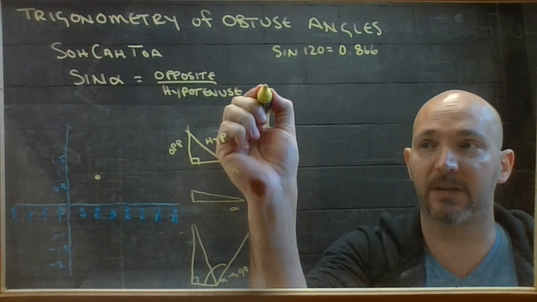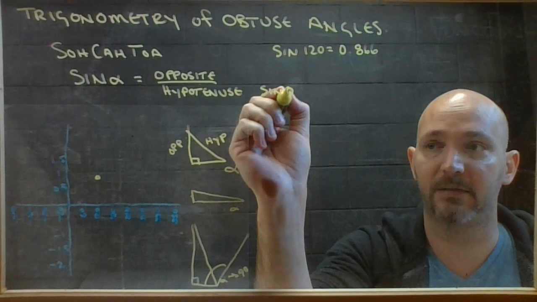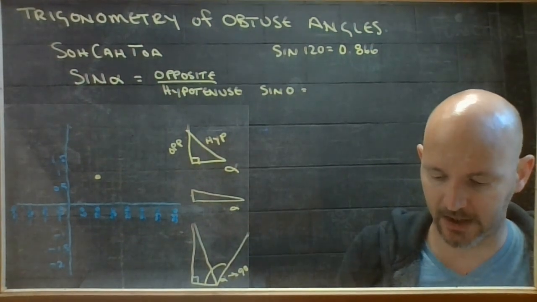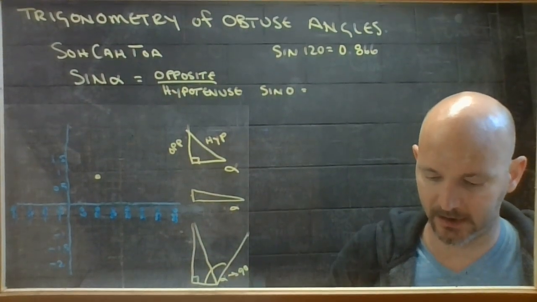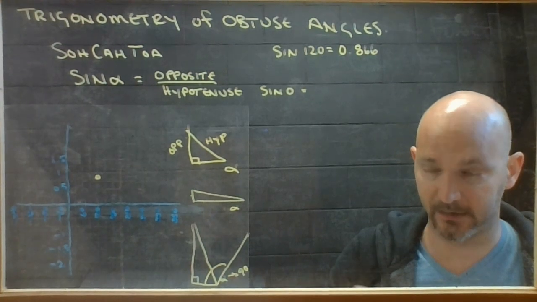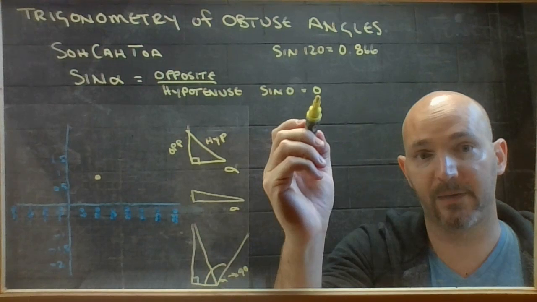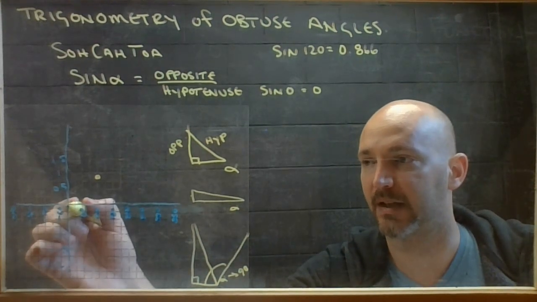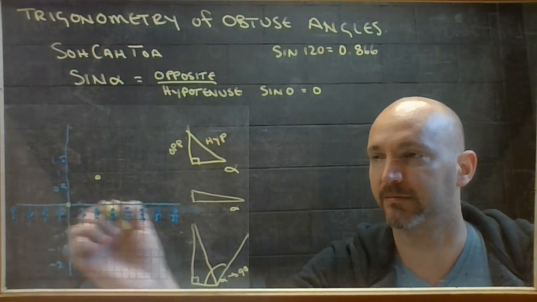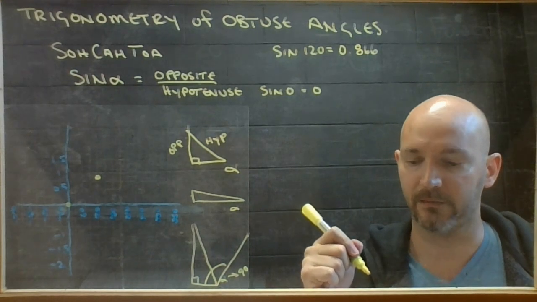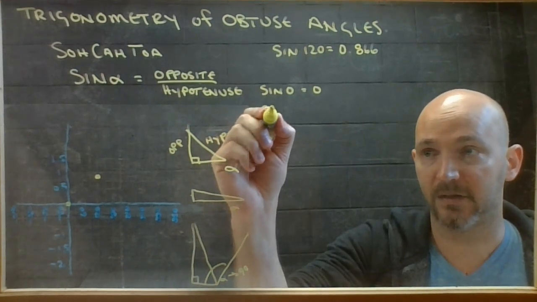So let's start with sine 0. Type that into your calculator. Sine 0 is 0. So when the x is 0, the y is 0 too. That's here. Let's try sine 30.